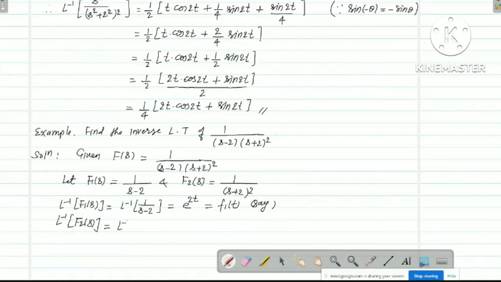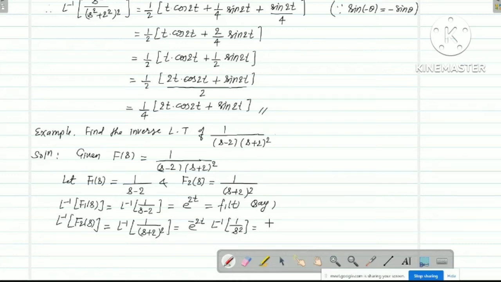Similarly, apply the inverse Laplace transform on the second function F2(s), which is L inverse of 1 upon (s plus 2) the whole square. Applying the shifting property, this becomes e raised to minus 2t times L inverse of 1 upon s square. What is the inverse of 1 upon s square?